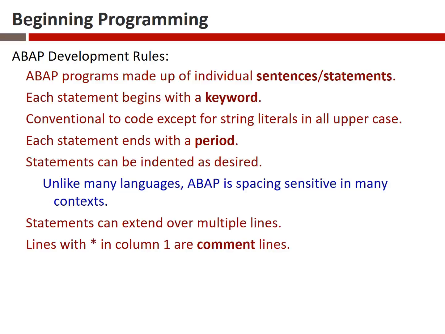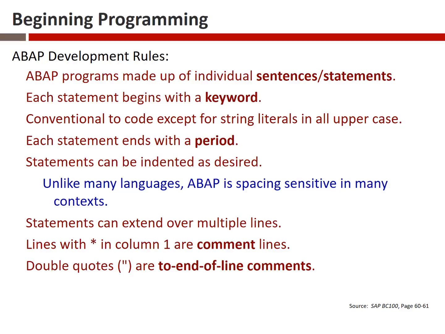But when a star appears in the very first column, that whole line is a comment line. Double quotes are used for end-of-line comments. So if I did x = x + y, period, and then double quotes and had some text here, that would be documenting that particular line. Can't use the star there because the star only designates a comment when it is in column 1.